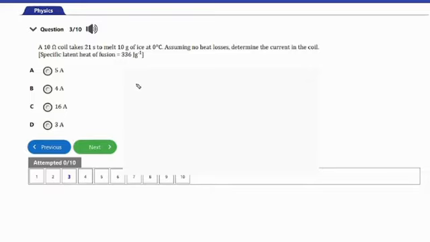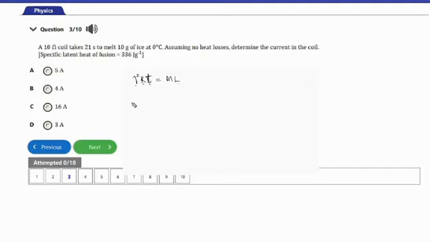So with this, we are going to have that I squared RT is equal to ml, where the mass is given here to be 10 grams, and the specific latent heat of fusion is 336. For I squared RT, I squared is not given, but R, the resistance, is 10 ohm, and T here is 21 seconds.